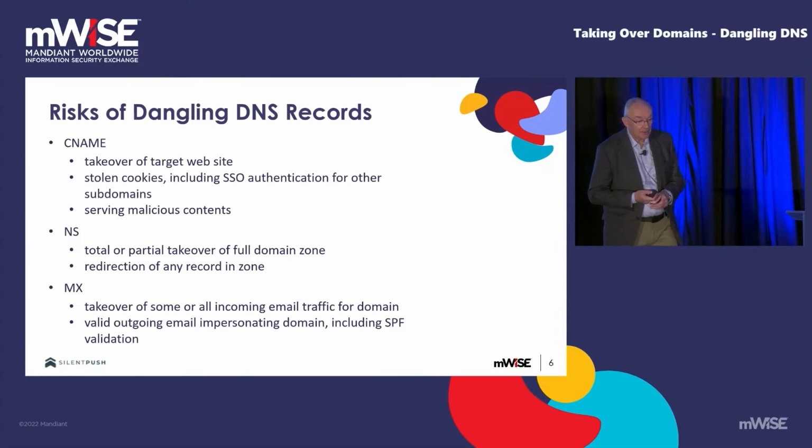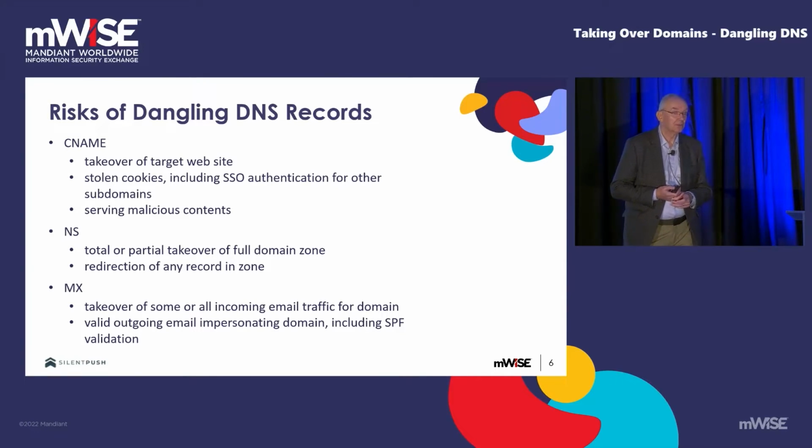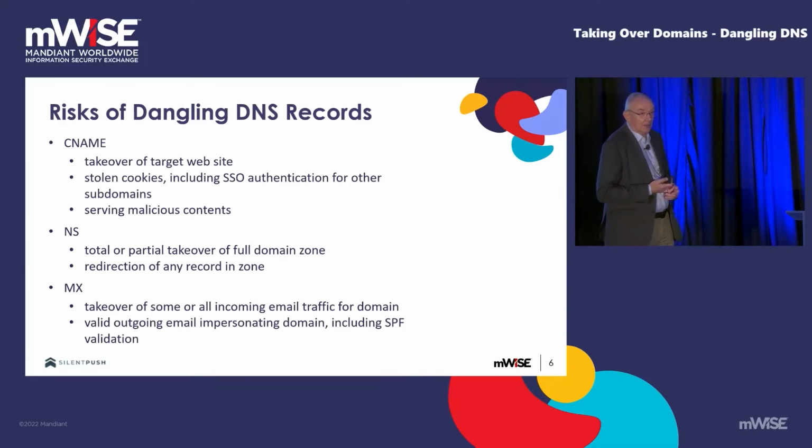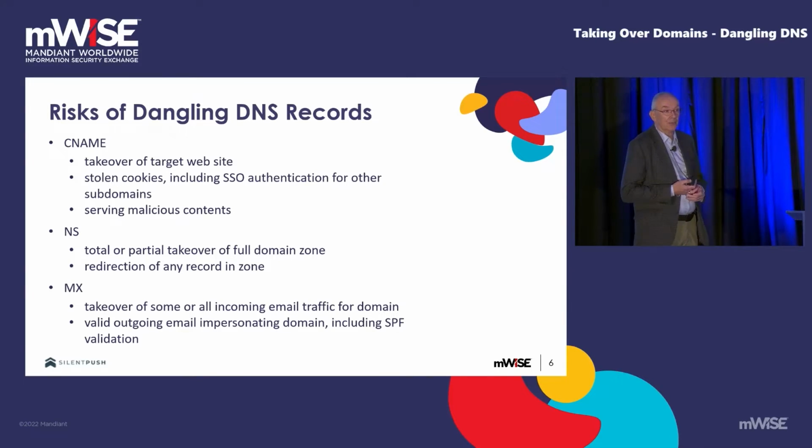MX is similar, but this is particular to email flow. You can start receiving some or all of incoming email, but more importantly, you can also send valid email from someone else's domain, because MX records are typically referred to as a general alias in SPF records. So even if you have SPF records set to be enforced for your domain, this connection now qualifies because it's an actual valid MX record.